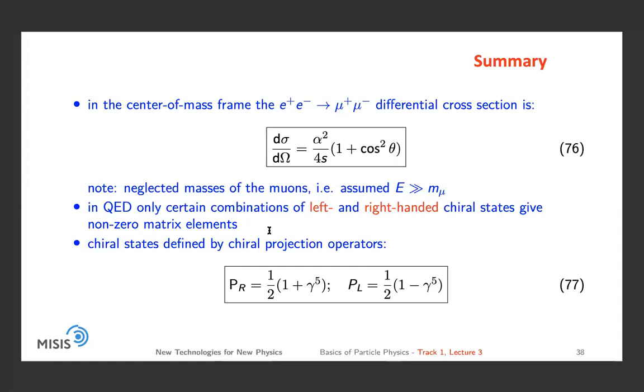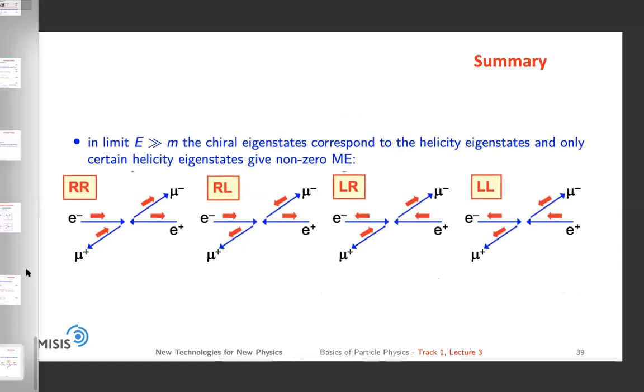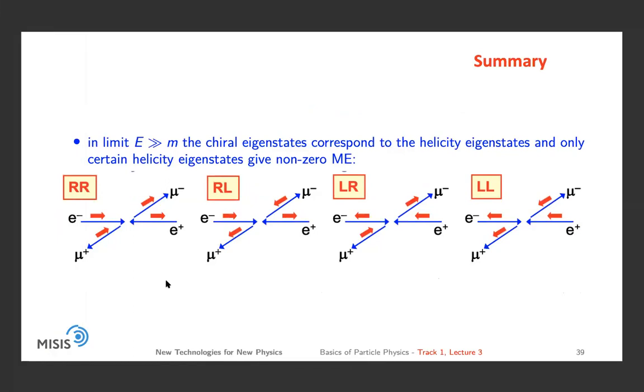In QED, only certain combinations of left and right-handed chiral states give non-zero matrix element, and chiral states are defined by the chiral projection operators, which look like this. Now, in the ultra-relativistic limit, the chiral eigenstates would correspond to the helicity eigenstates, and only certain helicity eigenstates will give non-zero matrix element. So this is the end of this slide.